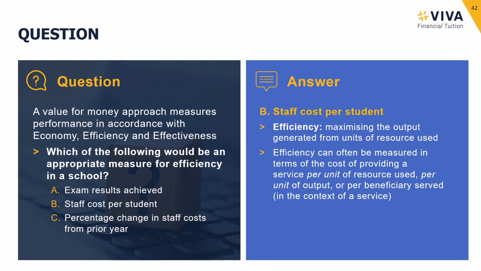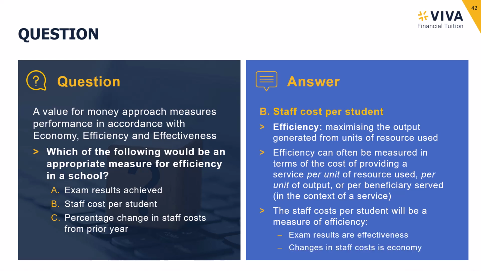So in here, maximising the use of that resource would be the staff cost per student. So that will be a good measure of efficiency. Exam results are about effectiveness, and changes in staff costs is all regarding economy.